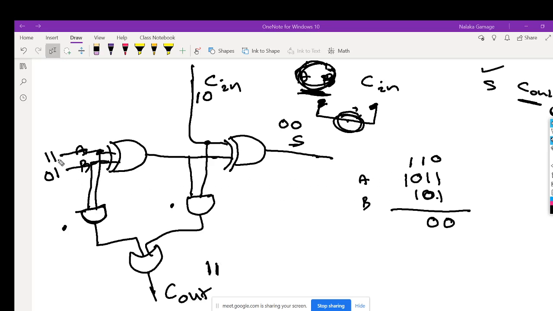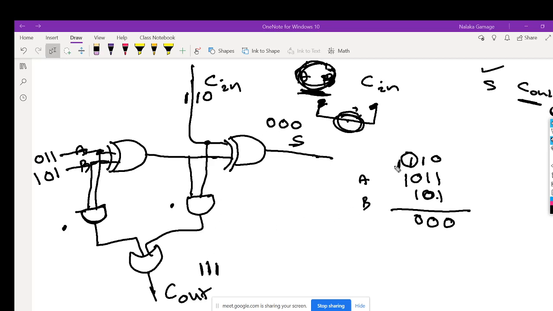So now A will be 0, and the B will be 1, and your carry in will be 1. Now again what you get is sum is 0, carry is 1. So that means your sum will be 0, your carry will be 1.